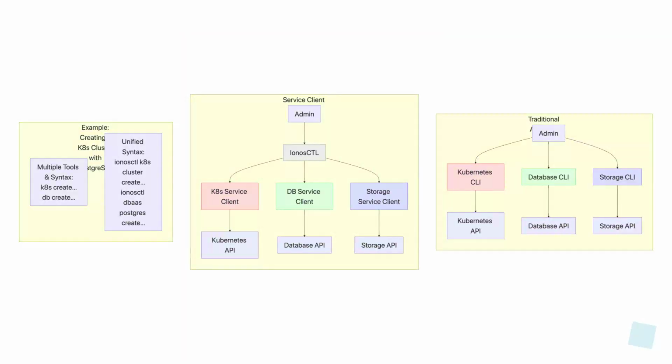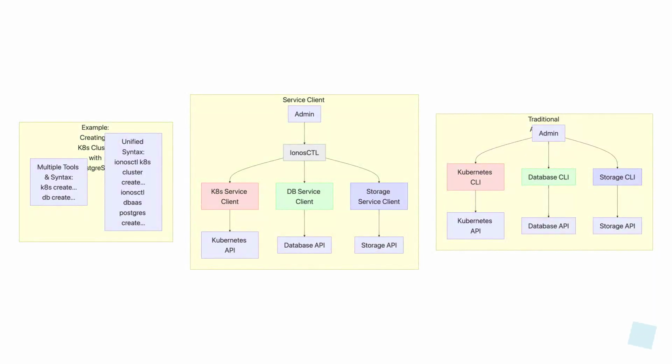Oh, that makes sense. So in my experience with other cloud providers, I'd often have to learn different syntax or even use completely separate tools depending on what I was trying to manage. Is that the kind of problem these service clients are solving? Exactly. Let me show you a common pattern. Say you're setting up a production environment and need both a Kubernetes cluster and a PostgreSQL database.